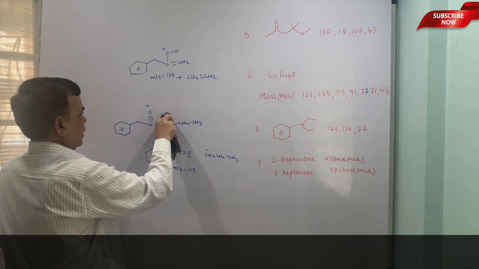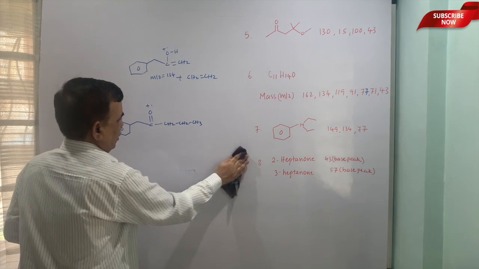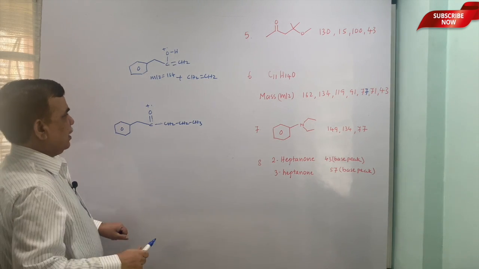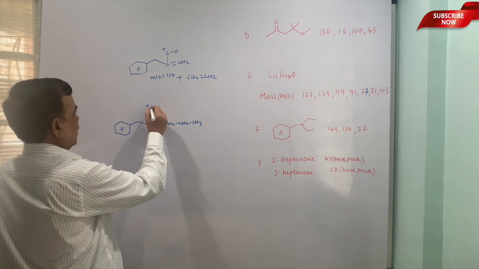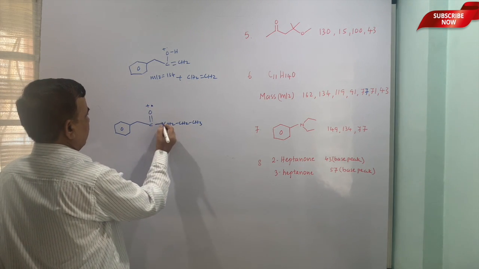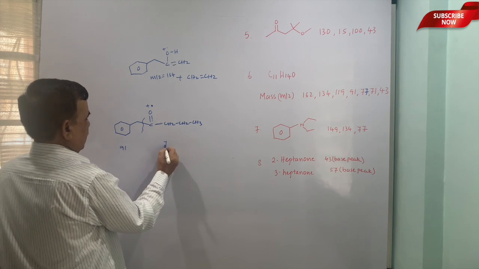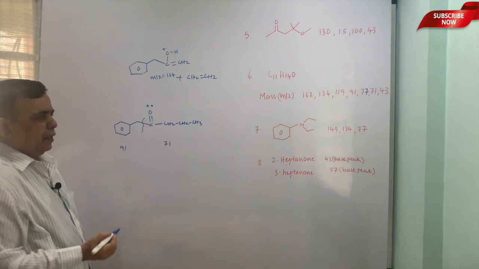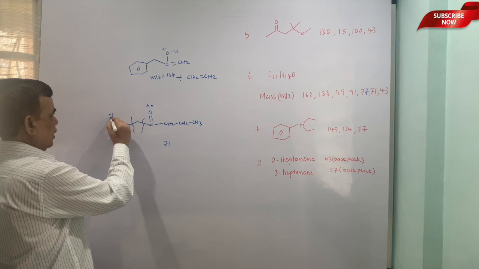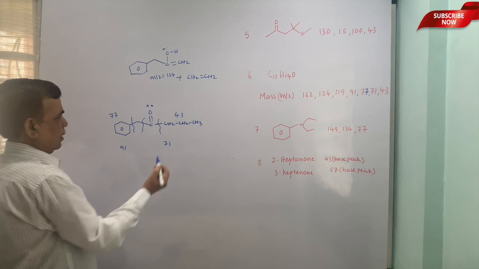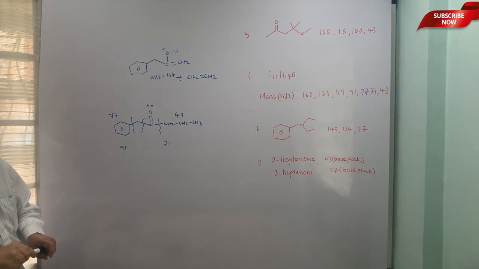I will just remove this and I will put those two fragments 91 and 71, they are the complementing fragments. So, this is 91, this is 71. Okay. If this breaks down here, this is 77. If it breaks down here, this is 43. So, everything you can explain.